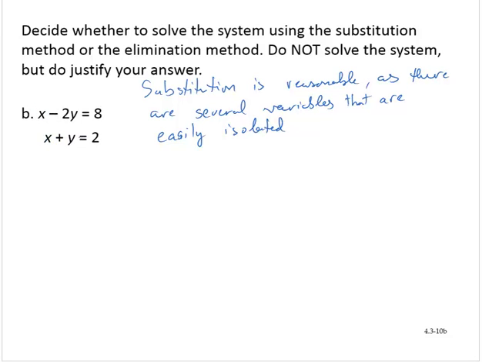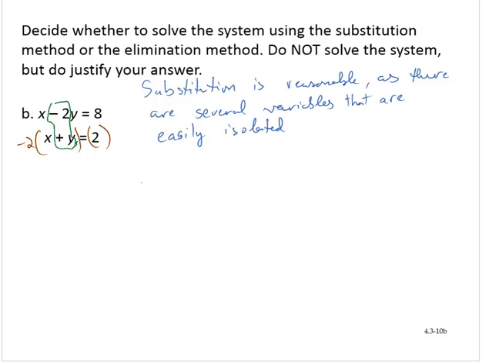Now also though, if I focus on the y coefficients, it would be pretty easy to use elimination if I just multiplied the second equation by, say, negative 2. That would give me an elimination.